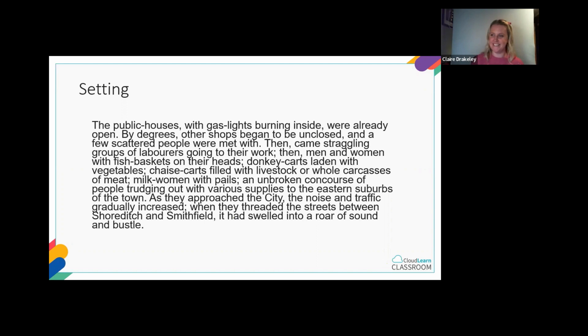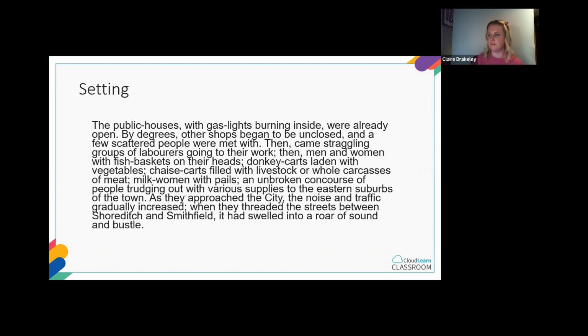The public houses with gas lights burning inside were already open. By degrees, other shops began to be unclosed, and a few scattered people were met with.